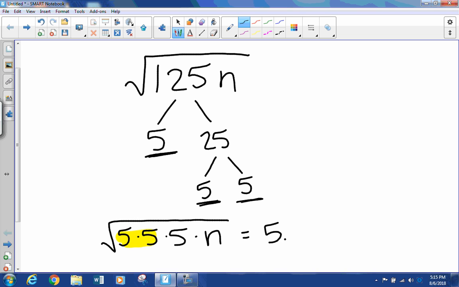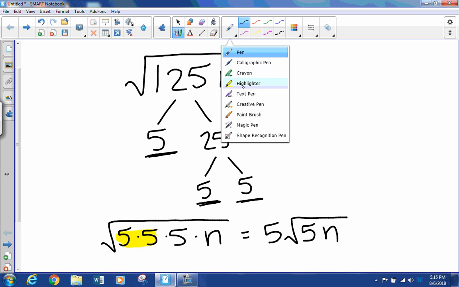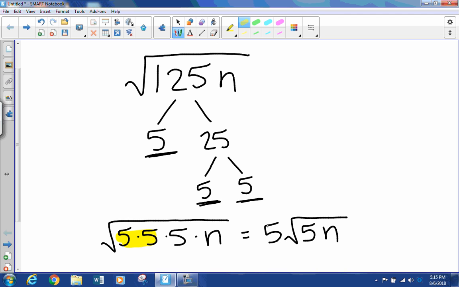Underneath the radical, instead of 5 times n, I'm going to write that in a simpler form as just 5n. So the simplified version of this non-perfect square root is this answer right down here. We would read this as 5 root 5n, or 5 times the square root of 5n.